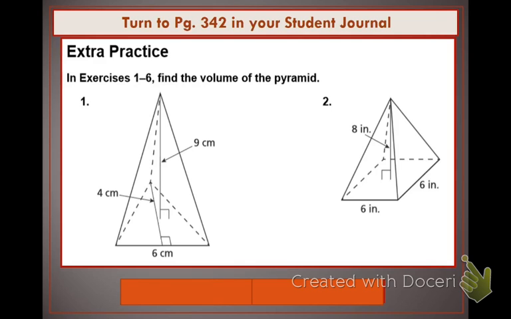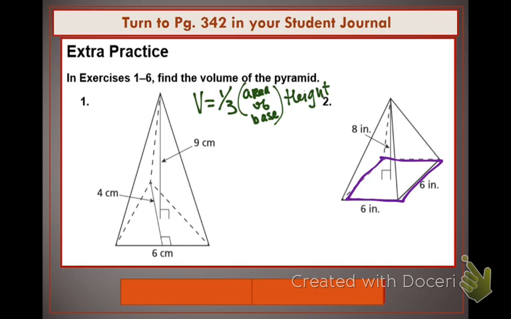What kind of base do we have? A square. It's right here. So 1/3, area of the base. L times W. Yeah, L times W, you could also do S squared. Either way, what's 6 times 6? 36.